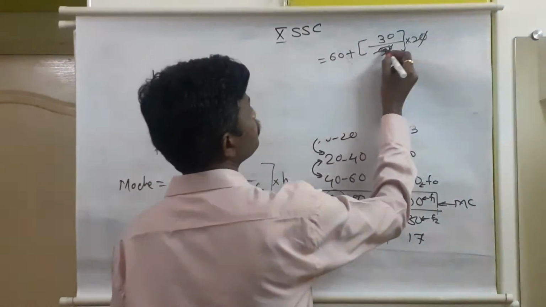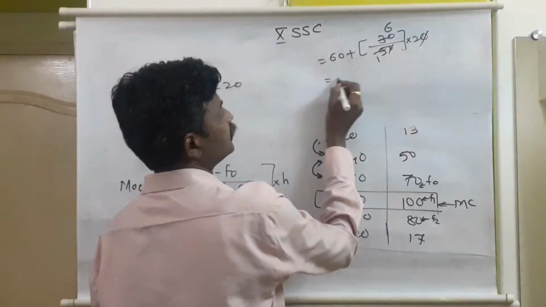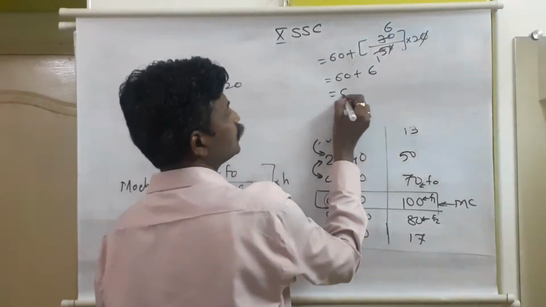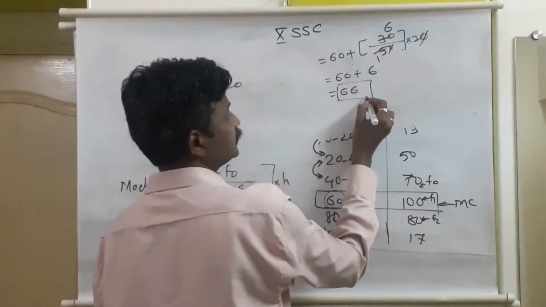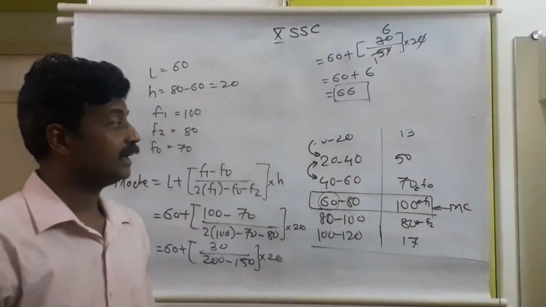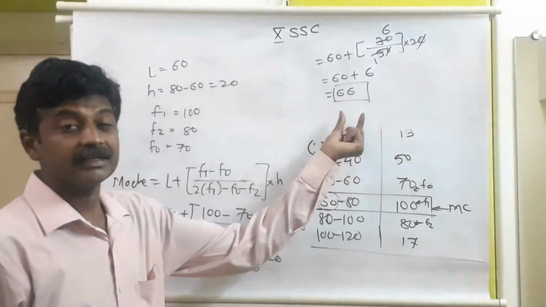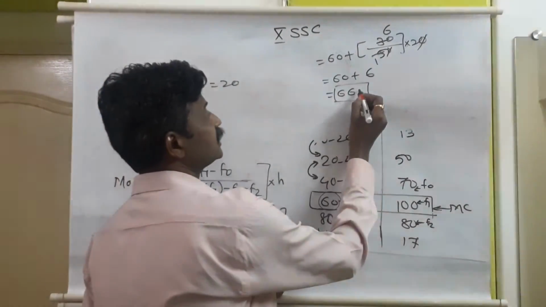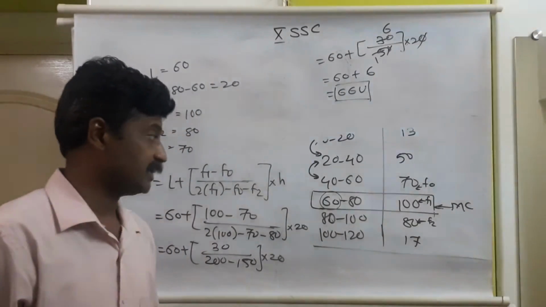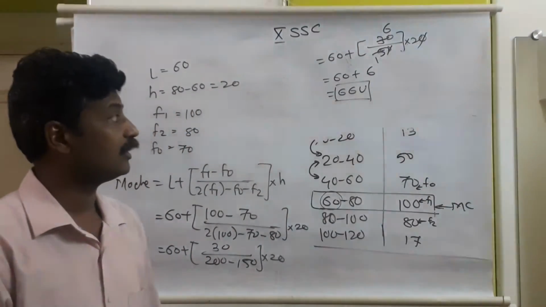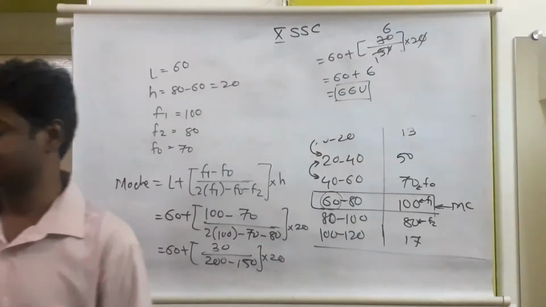Now 5 ones are 5, 5 sixes are 30, the remainder with us is 60, plus 6 is the answer. The answer is 66. And as it is electricity use, that is in units, so 66 units on average is the electricity use, that is nothing but the mode, for question number 2 of 6.3.